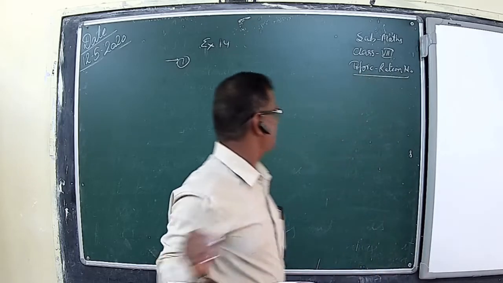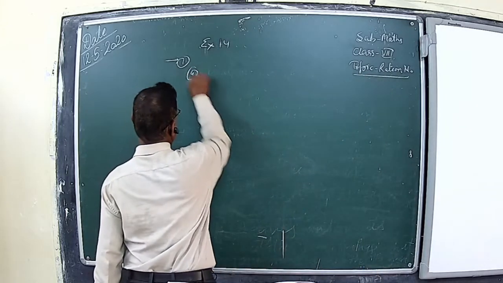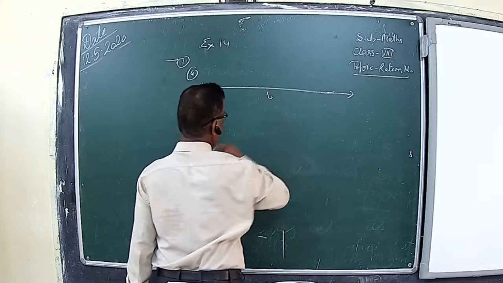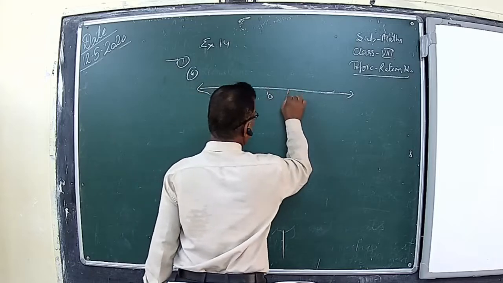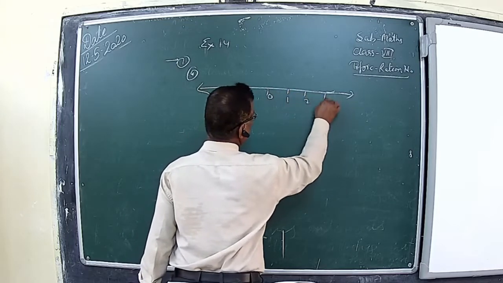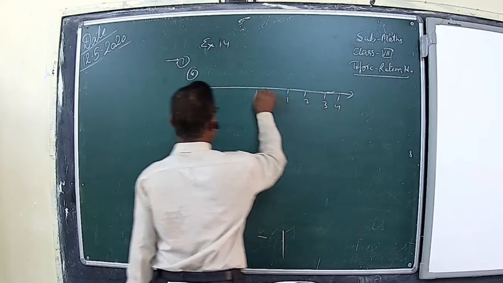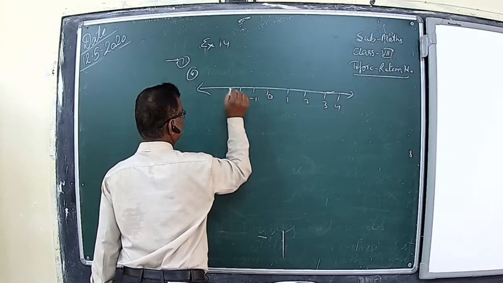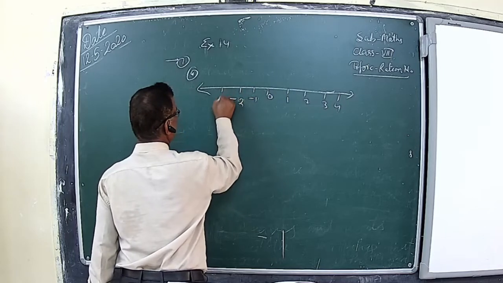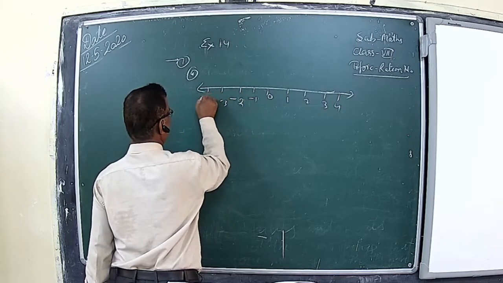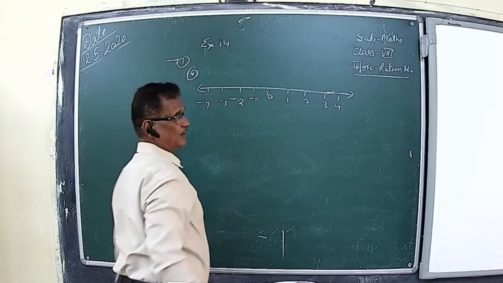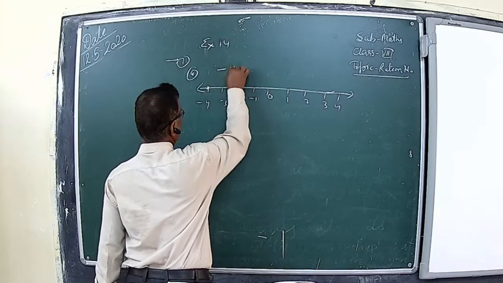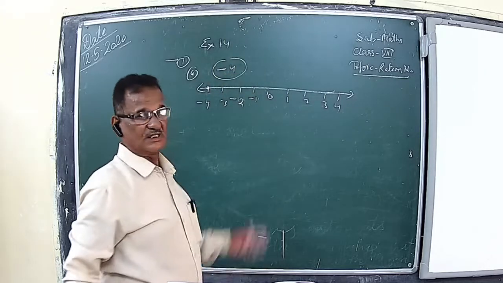Take the first question, A. The middle is 0, right of 0 are positive numbers 1, 2, 3, 4 etc. Left of 0 are negative integers minus 1, minus 2, minus 3, minus 4. You have to show minus 4, so this is where you represent it.